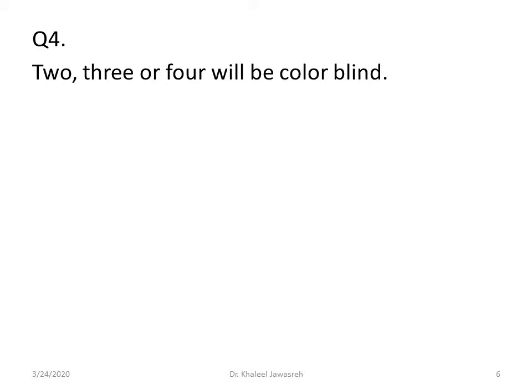What's the probability if we take 25 persons from this population, of which 10% are color blind, to obtain 2, 3 or 4 who are color blind?